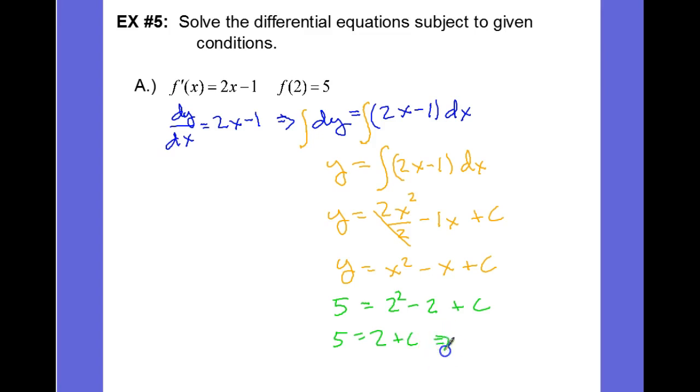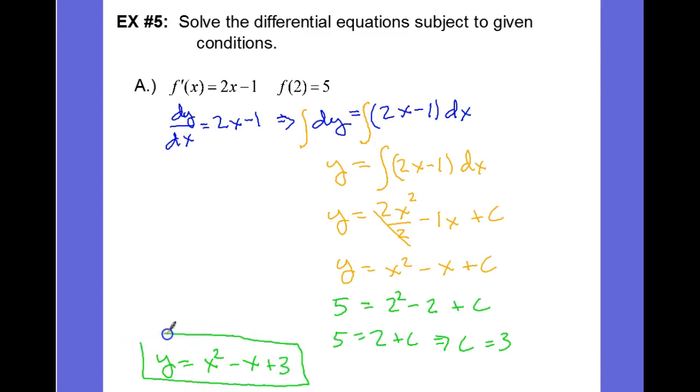So then that means that c has to be equal to 3. And so that means that y equals x squared minus x plus 3 is the solution to our differential equation.